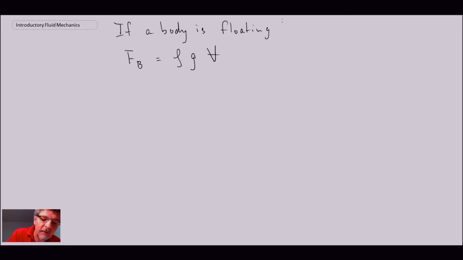Now, if the body is floating, then the buoyancy force needs to be equal to the weight of the fluid volume displaced, and that also needs to be equal to the weight of the object.